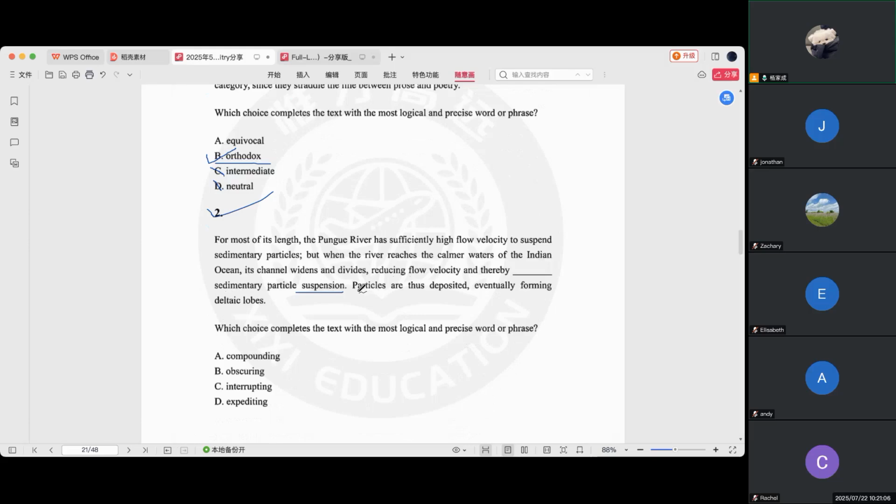But in the last sentence, it says particles are thus deposited, eventually forming deltaic lobes. So if they deposited, that means it stops the particle suspension. And the only word that has the meaning of stop is interrupting. It interrupts particle suspension, and thus particles get deposited.